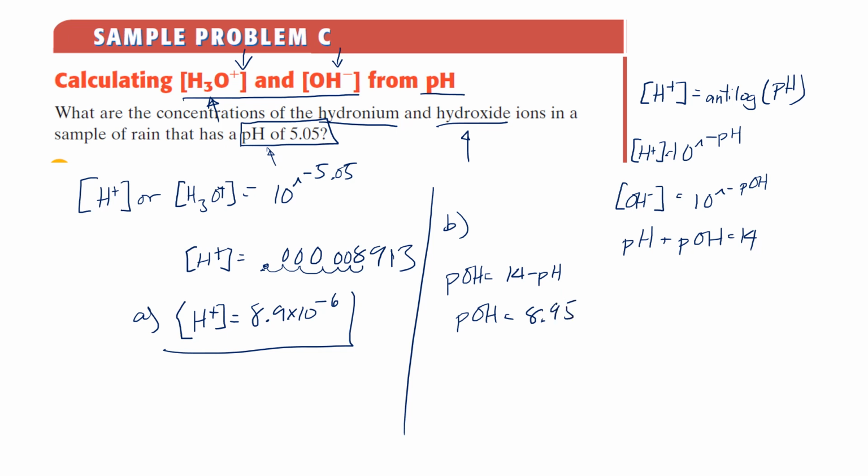And then now I just have to do the, no, not the negative log, base 10. The hydroxide concentration is equal to 10 to the negative 8.95. There you go. I'm just going to do 10 to the negative 8.95. And I get 1.12 times 10 to the negative 9.